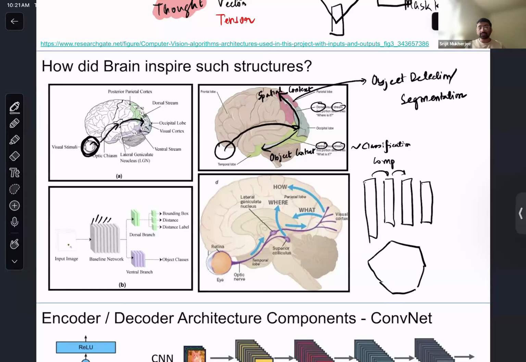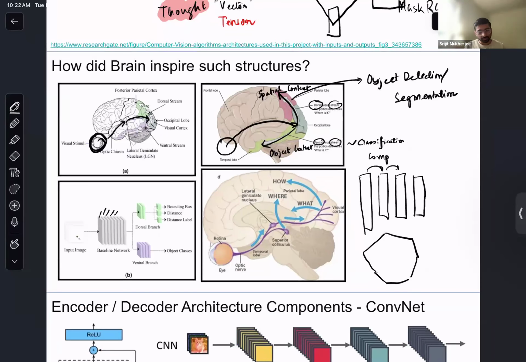So this hierarchical structure is nothing but composition. What this says is that our brain has evolved over time to look at objects in a hierarchical sense: first simple objects, then composing them to make a complex object, and this carries on. And that's why deep learning is so useful.